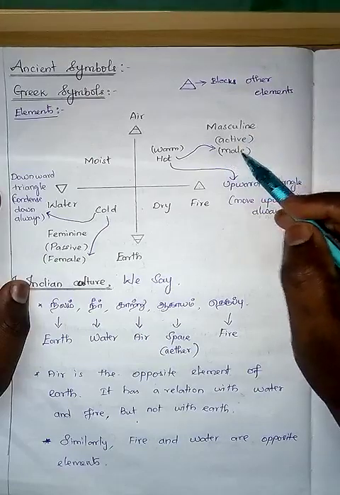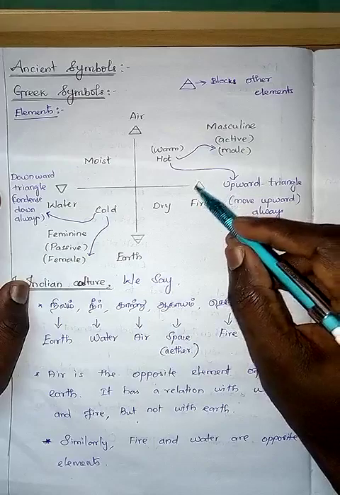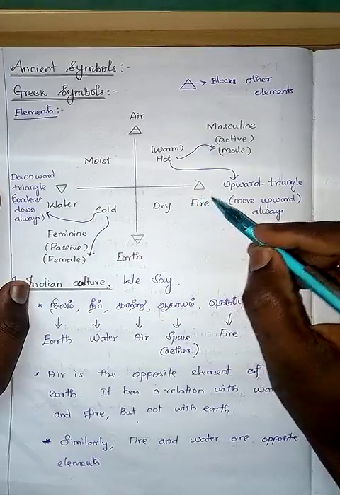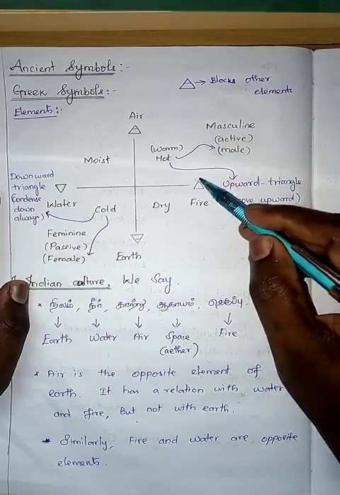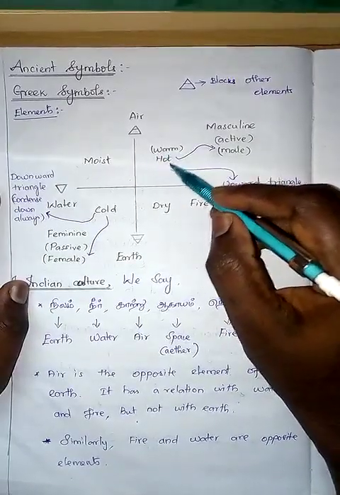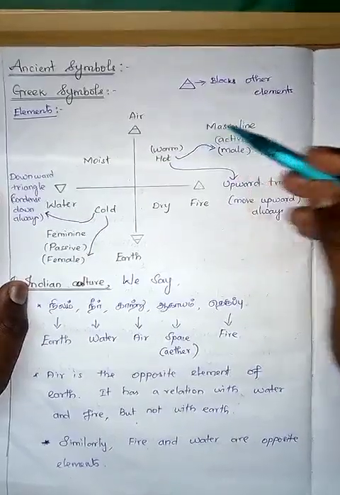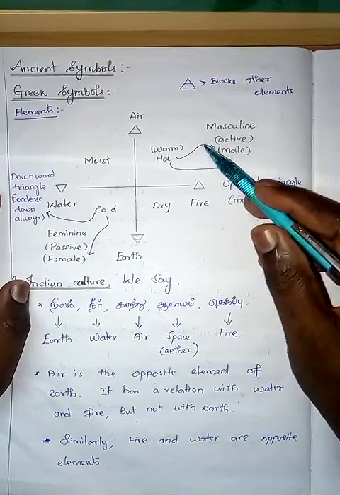So we say male. We know very well that fire always goes up, moves upward. That's why this symbol is pointing upward. Whichever material is hot is always moving up. That is the reason the symbol is a triangle moving upward.